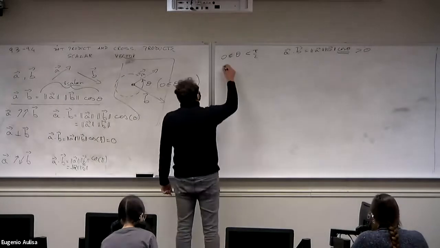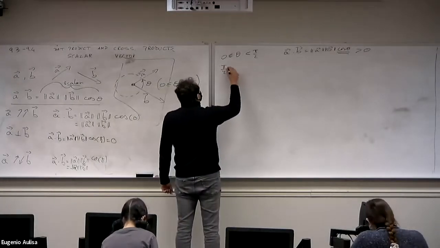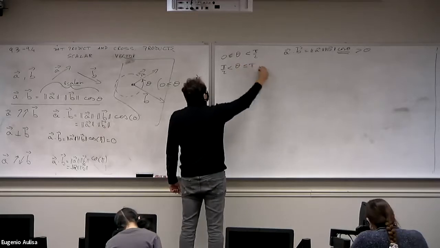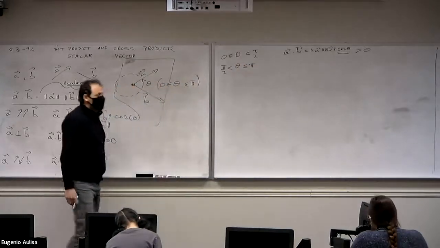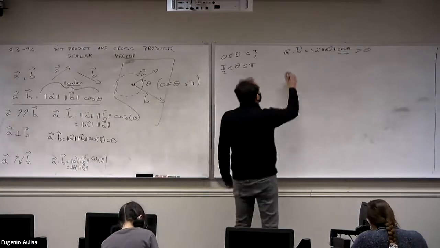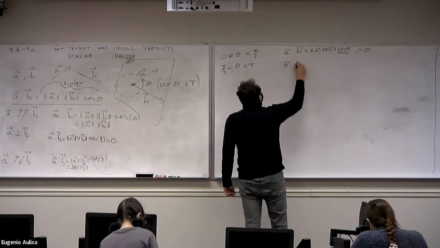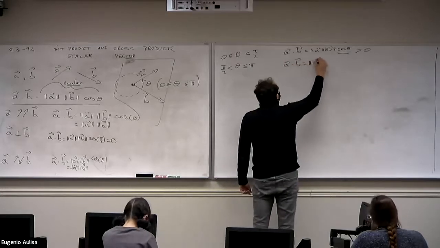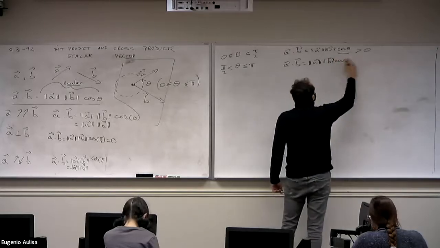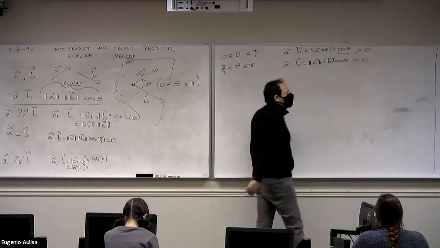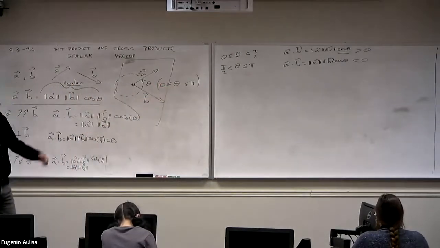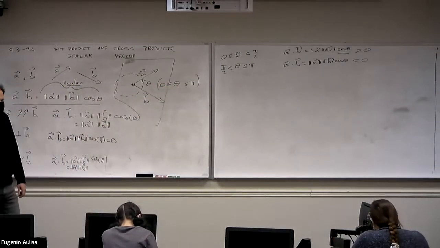And for pi over 2 strictly less than theta, less than or equal to pi, again, this product is going to be the same definition, but in this range, the cosine is negative. Clearly, the length of A and the length of B should be different from 0.